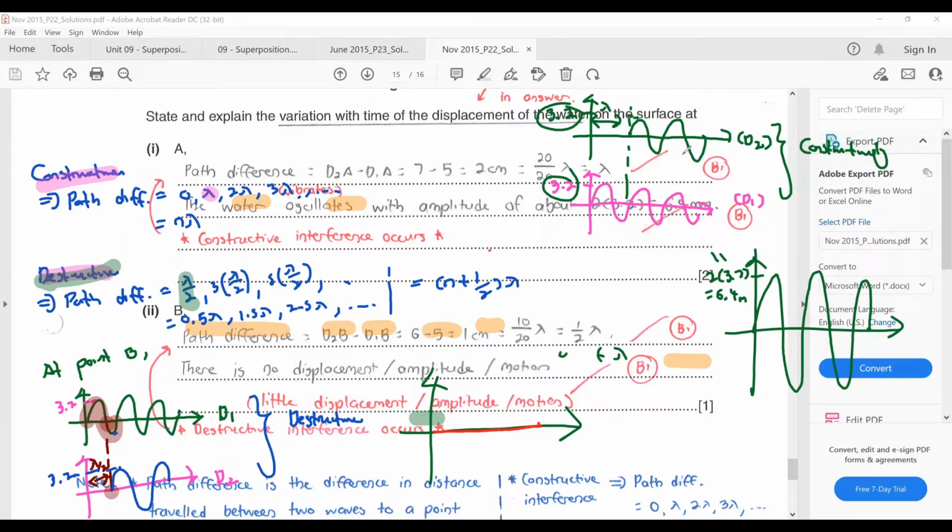This is how you look at path difference. If no problems here, then I move on to the next question.